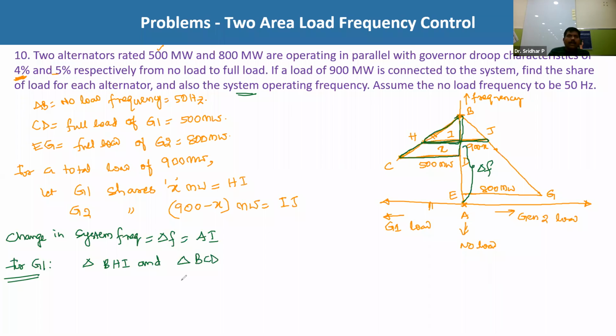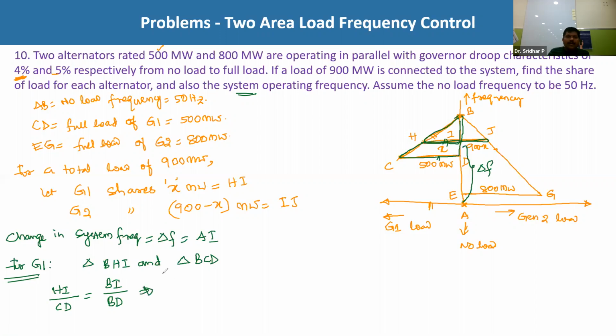For these two triangles, adjacent to adjacent, HI divided by CD is equal to the next adjacent sides, BI to BD.